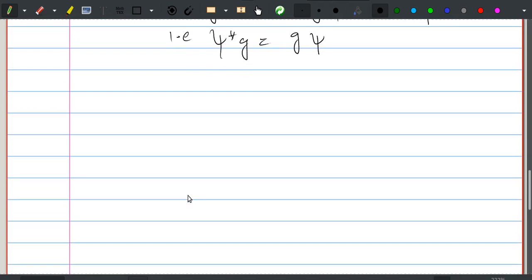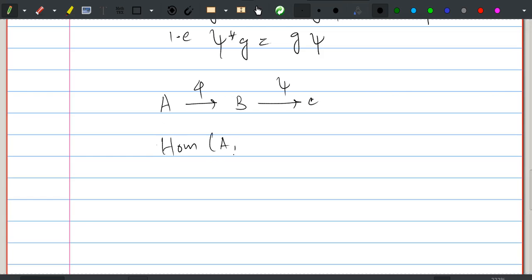This means that given any sequence of modules and homomorphisms like this, A to B, B to C, with phi here and psi here, this sequence induces a sequence Hom(A, D), Hom(B, D), and Hom(C, D), but the arrows are reversed.